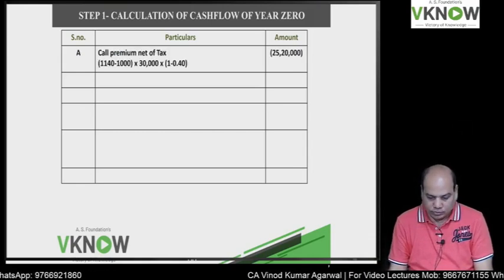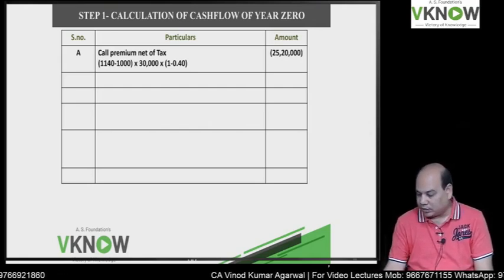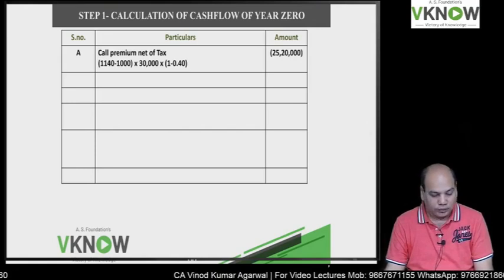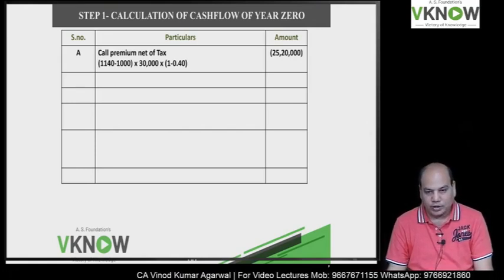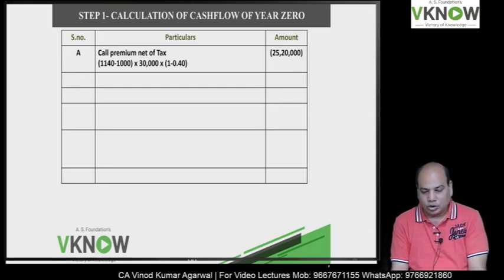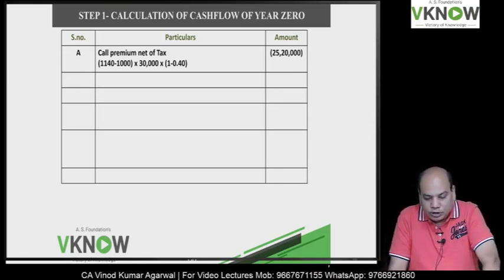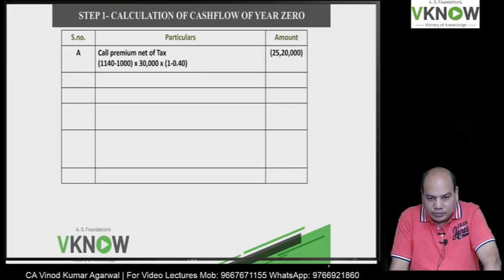So write down. First write down point A. Call premium net of tax. You can understand 140 rupees per bond we are paying. 140 means 1140 minus 1000 into 30,000.